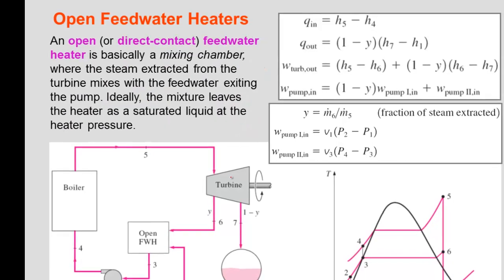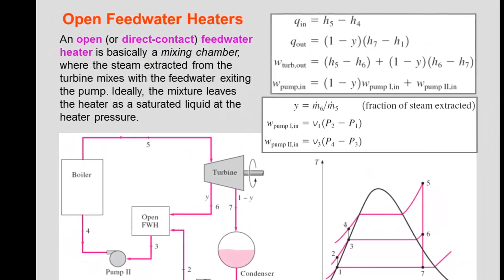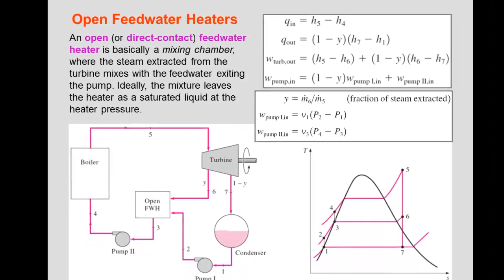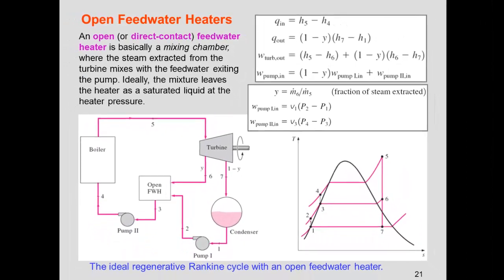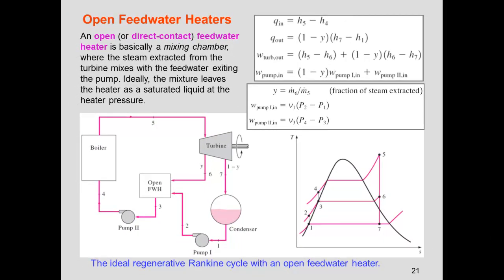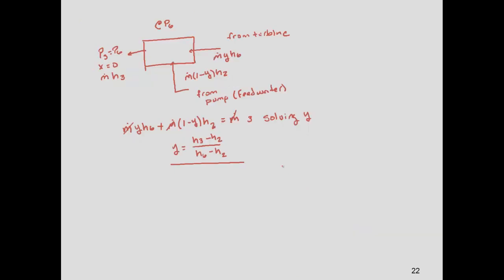We can see here that we have two pressures. This is the pressure of the extraction. This is the boiler pressure. I think that here is very clear. So this is the way that we are gonna compute this fraction y.